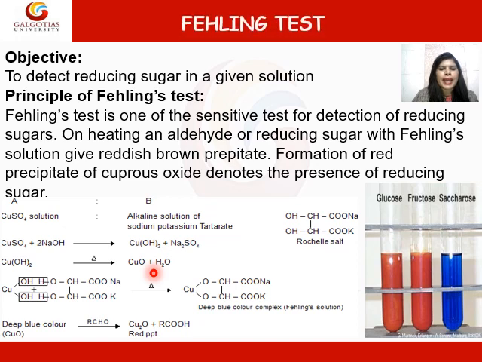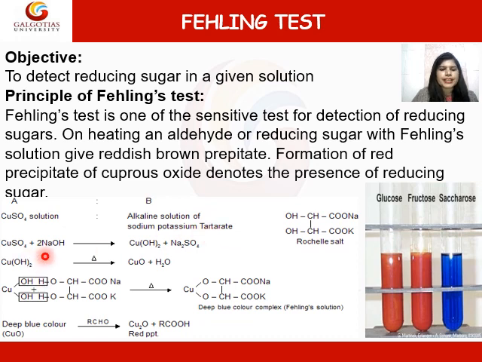On heating, an aldehyde or reducing sugar with this Fehling solution A and B gives a reddish brown precipitate. Formation of red precipitate of cuprous oxide denotes the presence of reducing sugar. So this is the Fehling solution A, copper sulfate solution, and the alkaline solution of sodium potassium tartrate.